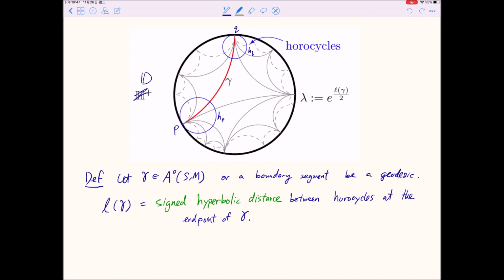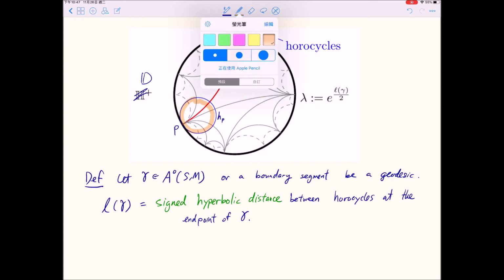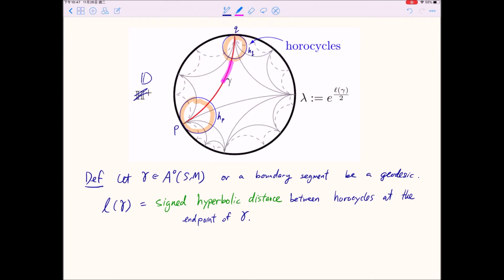Then we have a horocycle, and this horocycle will cut out a segment of your arc. So the purple part here. Then we define L of gamma to be the hyperbolic distance of this purple arc. And because it is starting and ending at some interior point of your unit disk, it has finite length.